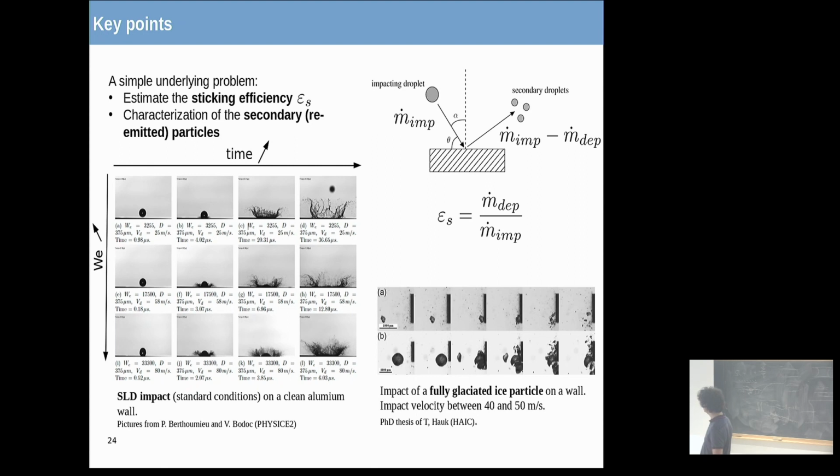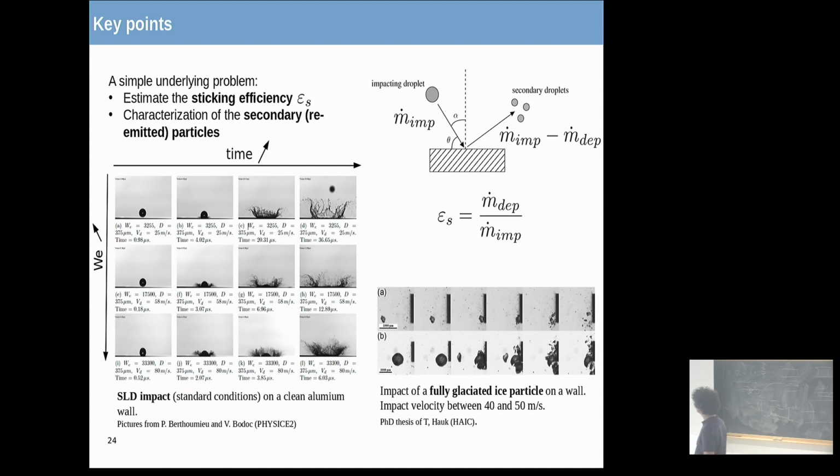Sticking efficiency is defined as the amount of liquid, the amount of particle, which remains stuck to the wall, divided by the amount which impacts the wall. For a full deposit, epsilon s is equal to 1, and if all the droplets are emitted, for instance by bouncing, epsilon s is equal to 0.